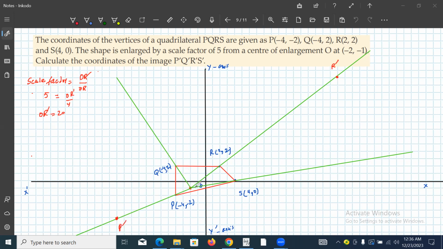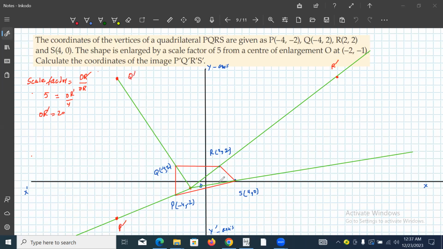Then O to Q: 1, 2, 3, so 3 multiplied by 5 is 15. 4, 5, 6, 7, 8, 9, 10, 11, 12, 13, 14, 15. This is the point where we can say it's Q dash.